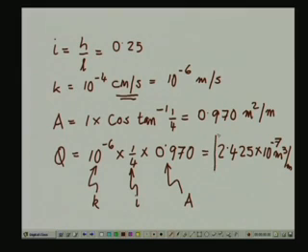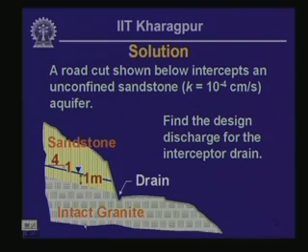So that is your answer in this case. You have to design the interceptor drain cross section for that particular flow. Okay, so that is the solution for the question that I asked at the end of the last day's lesson.